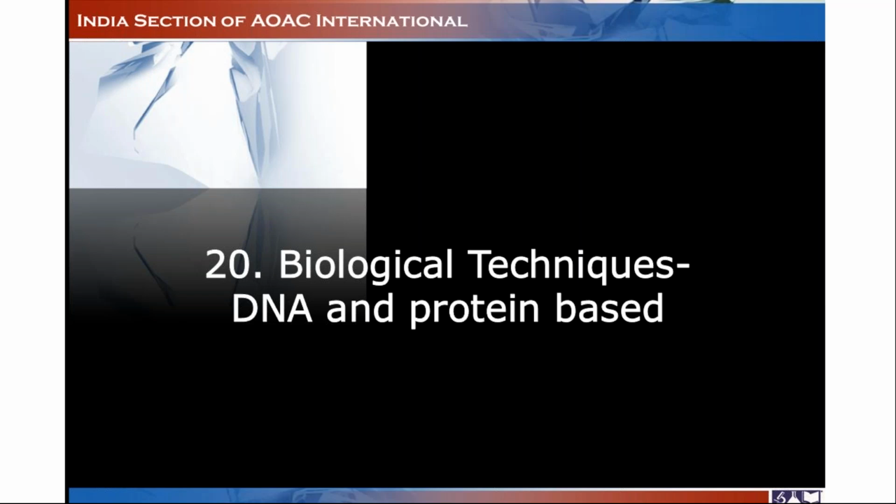Sorry for the glitch. Let's start again. The topic for today is biological techniques, the DNA and the protein-based methods, which mainly will involve PCR, the real-time PCR or qPCR, ELISA, and radioimmunoassay.